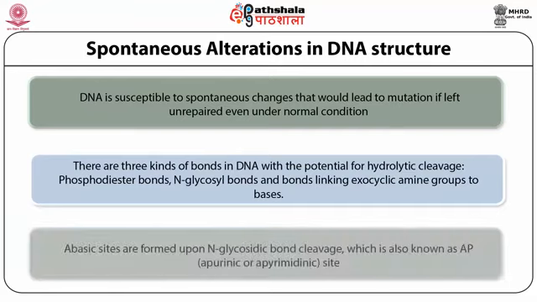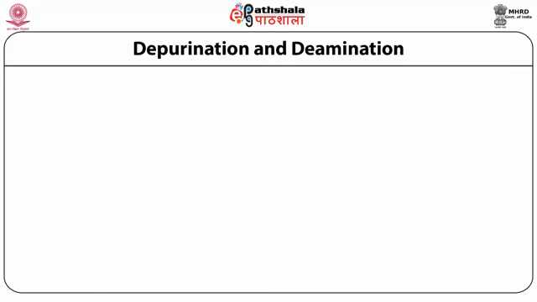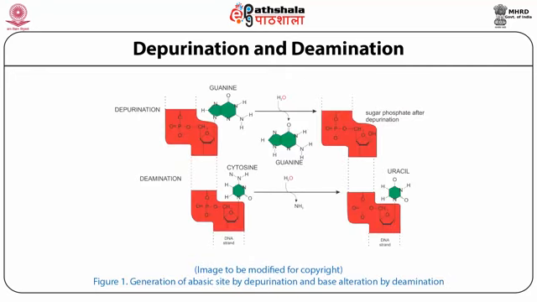However, an abasic site is formed upon N-glycosidic bond cleavage, which is also known as an apurinic or apyrimidinic site. This figure represents how an abasic site is generated and how depurination leads to gene mutation.